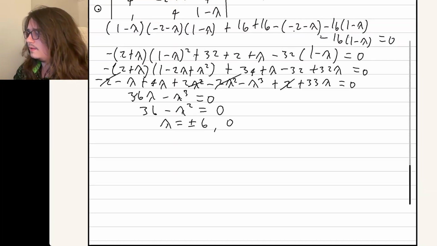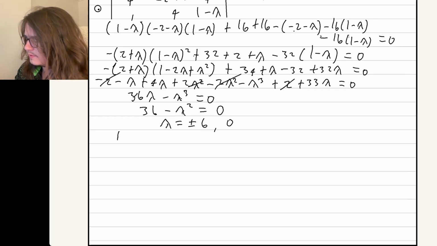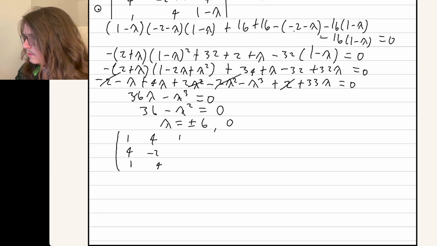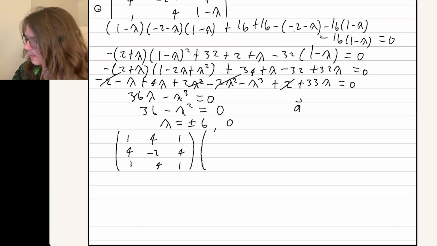Finally, we need to find the eigenvectors now. So we can set A back up, which is 1, 4, 1, 4 minus 2, 4, 1, 4, 1, and multiply it by some arbitrary eigenvector. I'm going to call the eigenvectors A and B for brevity.